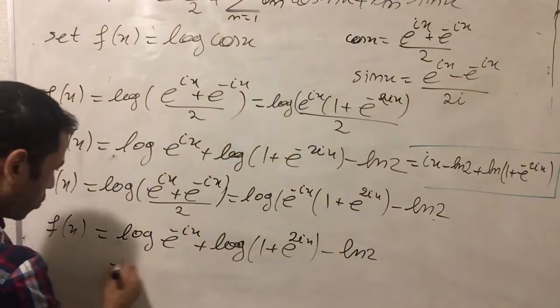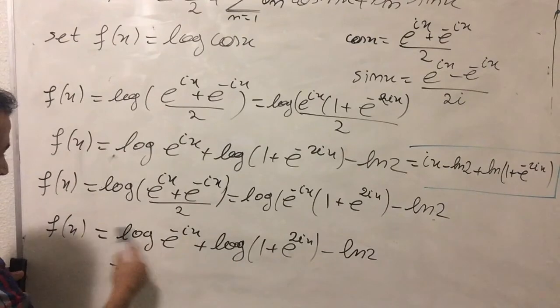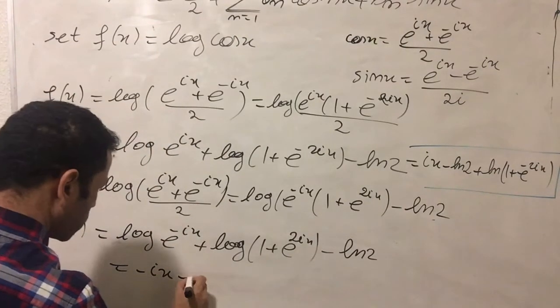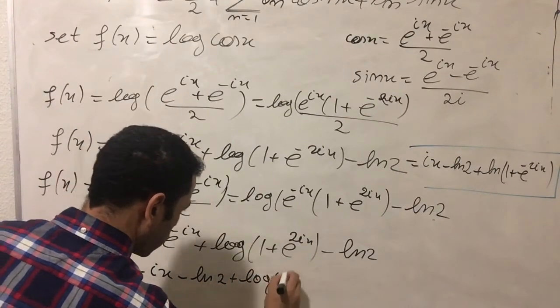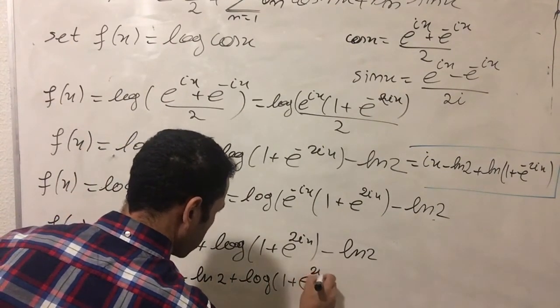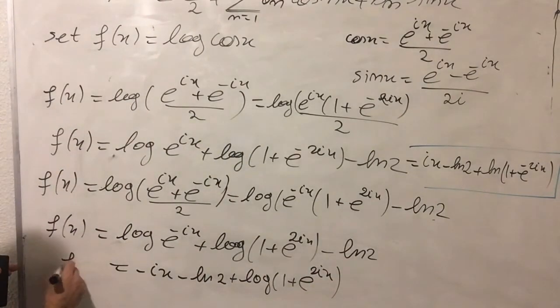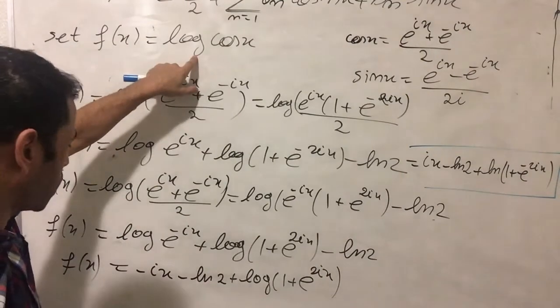I'm going to take the minus ix outside of the natural log, which gives minus ix minus natural log of 2 plus natural log of 1 plus e to the ix. So f of x equals natural log of cosine x.